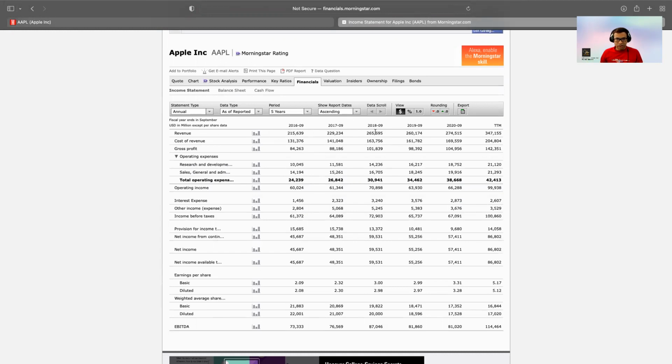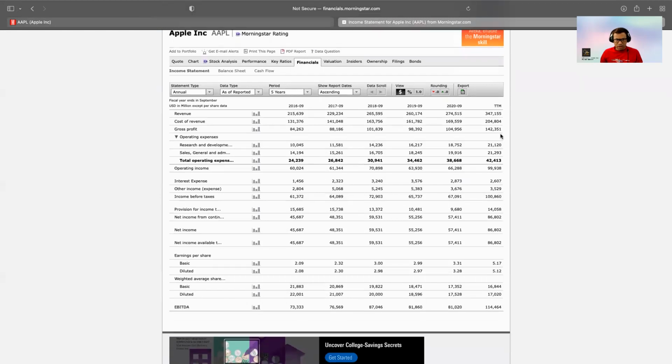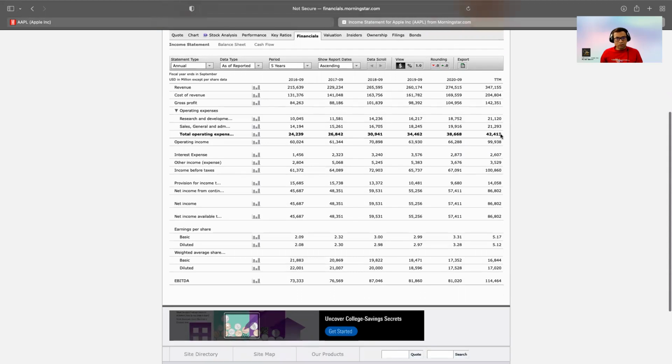So for the first trailing 12 months it is 347,000, which means 347,000 million, so about $347 billion revenue. Wow, it's not surprising because Apple is a $1 trillion company, so they are big.